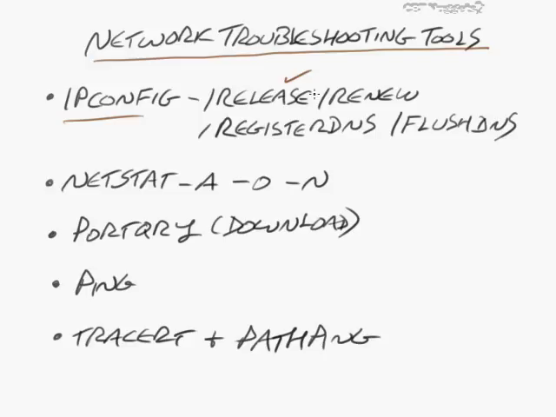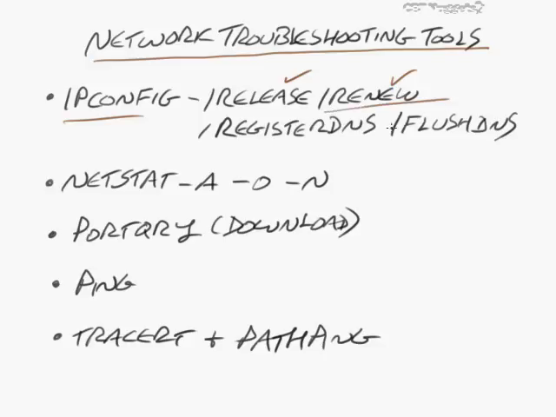But the clients will still have the old configuration until their lease expires, because DHCP only leases addresses for a certain period of time, and then they have to be renewed. Well, to manually release the lease, so to speak, I would do an ipconfig /release. Then I would need to get my IP configuration again, but this time I would want to get it fresh from the DHCP server with a new configuration, and I would do an ipconfig /renew.